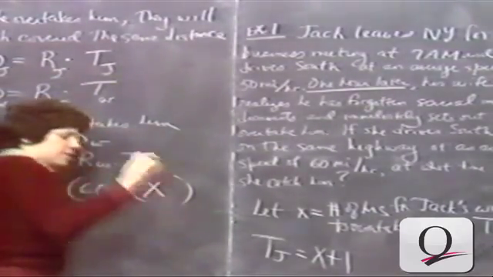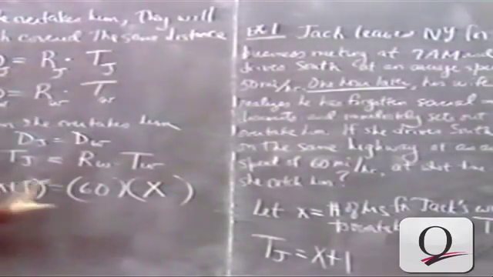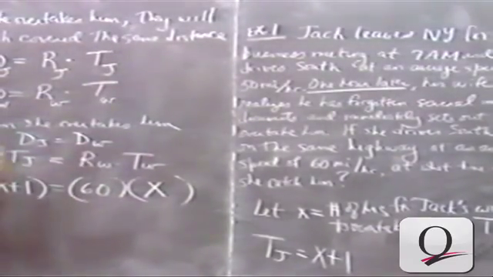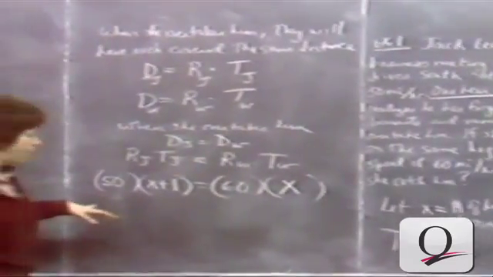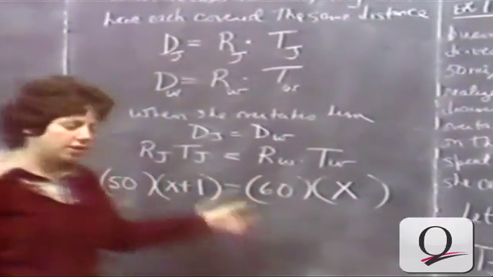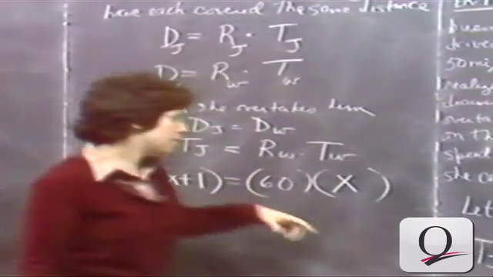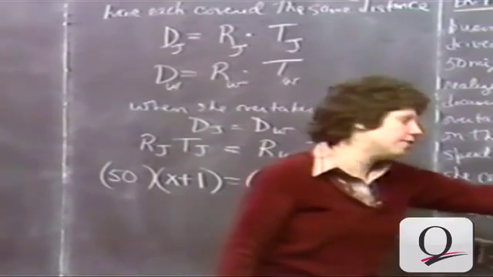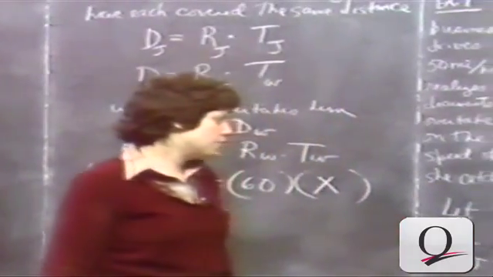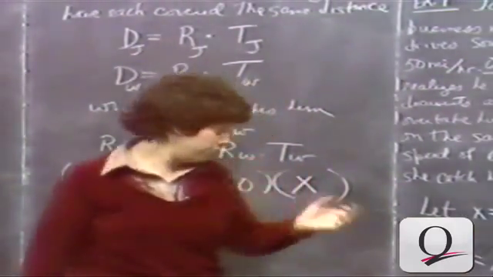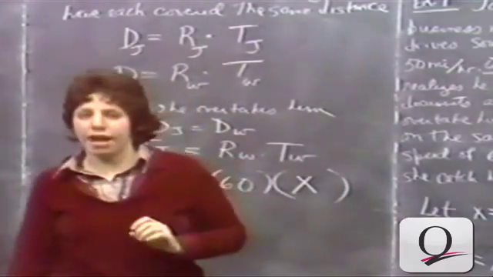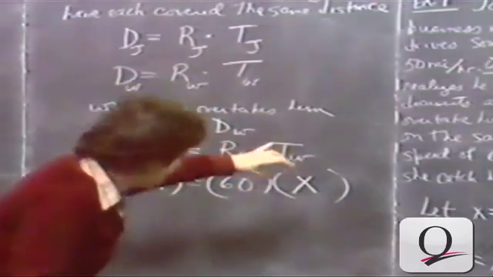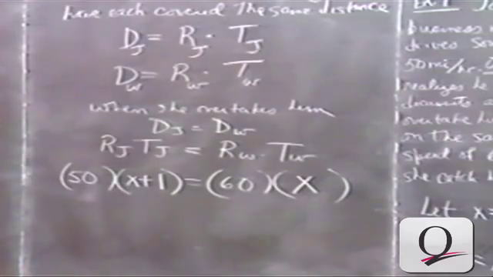While in the very simple problems, I put all the units in explicitly, the miles per hour and the hours, in more complicated problems, we tend to leave the units out. And at the very end, we look at what we're trying to find. For example, x number of hours for Jack's wife to overtake him. And we know that if we solve this equation for x, the answer will be in hours. So you don't have to actually keep your units all the time in the equation.